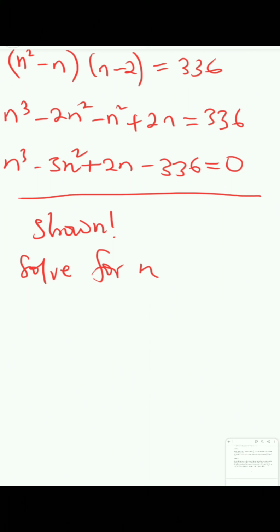Now the next part is to solve for n, using the same answer that we have in the first part. If you look at it, this is simply a polynomial of degree 3. So we need to see how we can simply solve it.